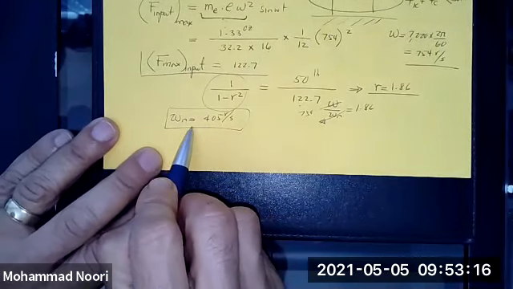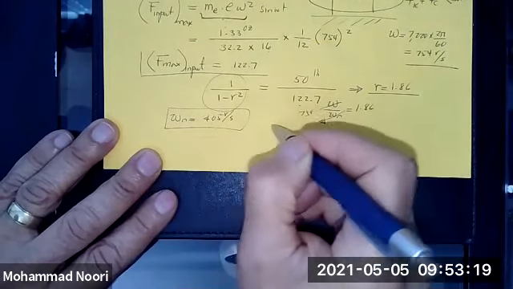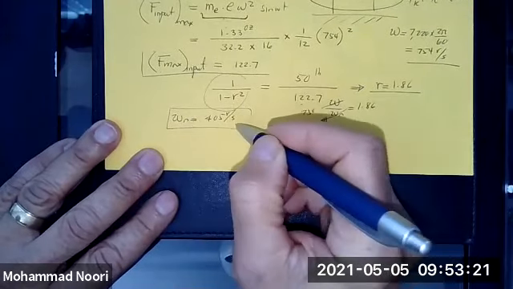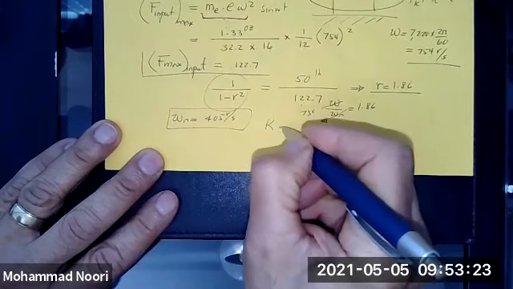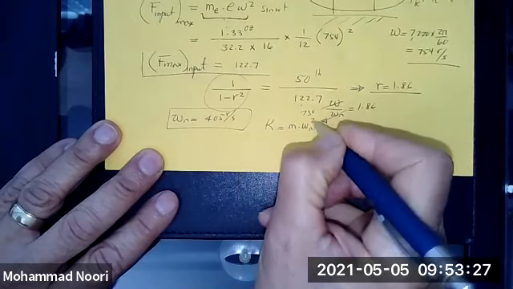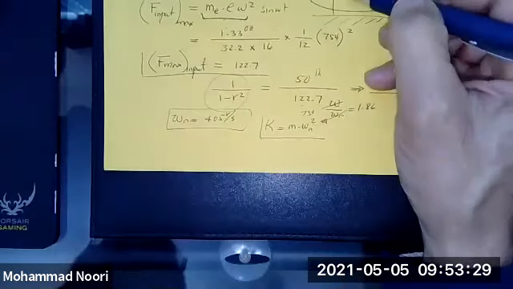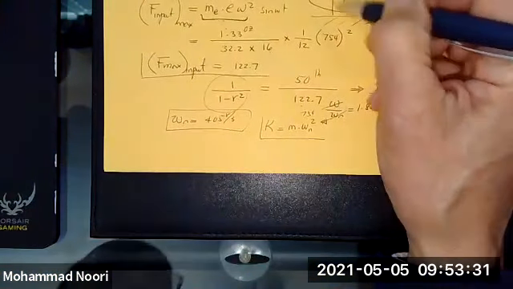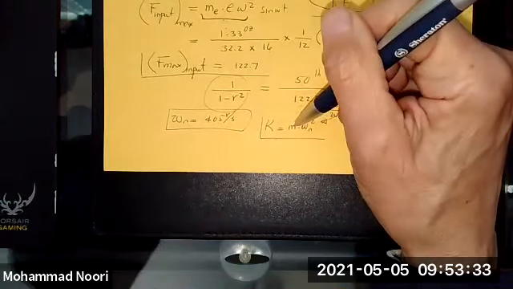But what does that mean? This tells us that K is M times omega n squared, because we want to design the stiffness. We have no control over the mass.